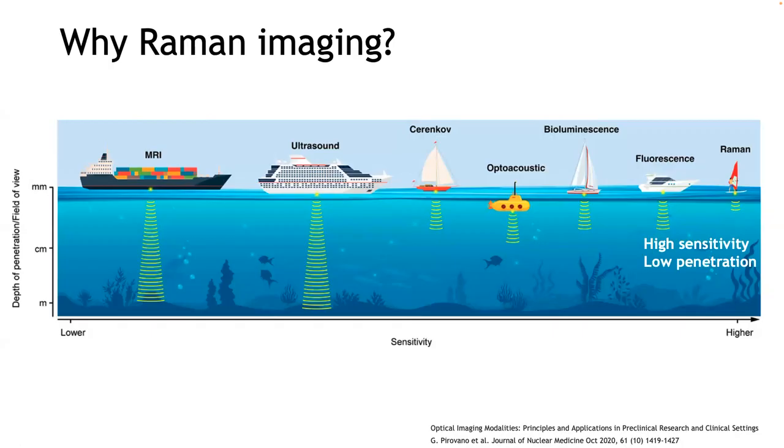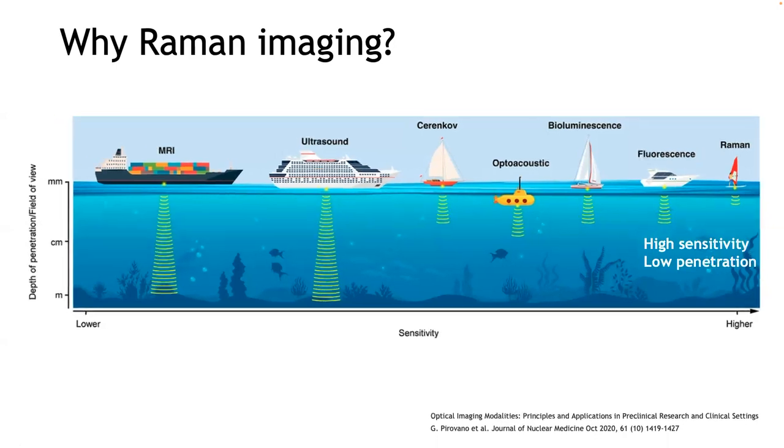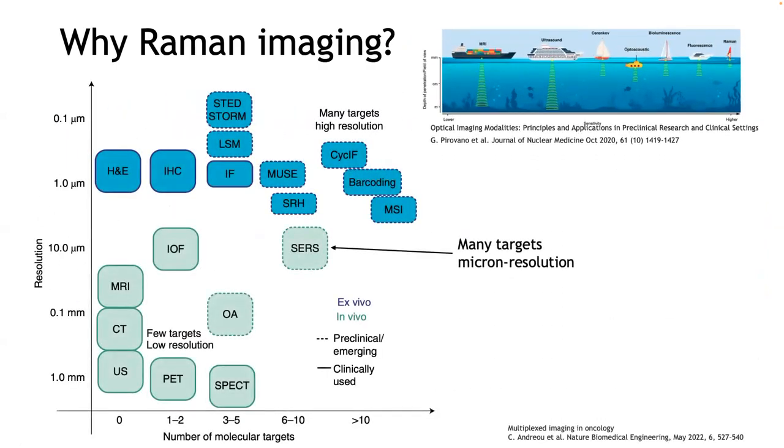Another way of categorizing Raman imaging and comparing it with other modalities is by looking at its strengths, that are the resolution and its multiplexing capacity. This figure here is from a review paper that I wrote on multiplexed imaging.